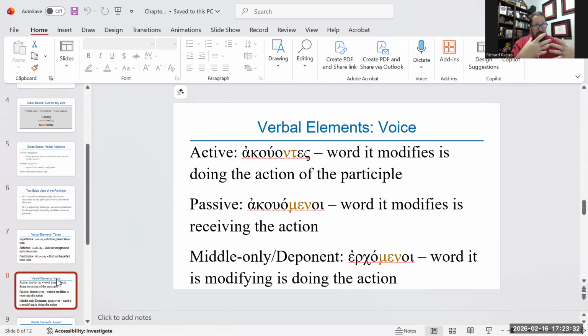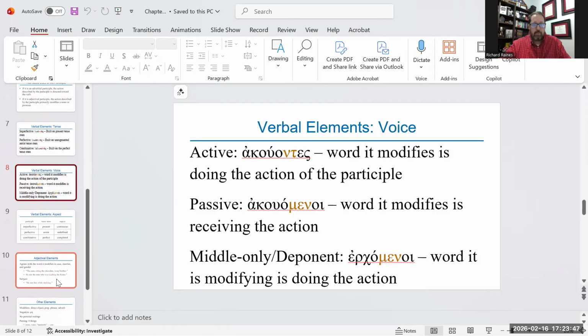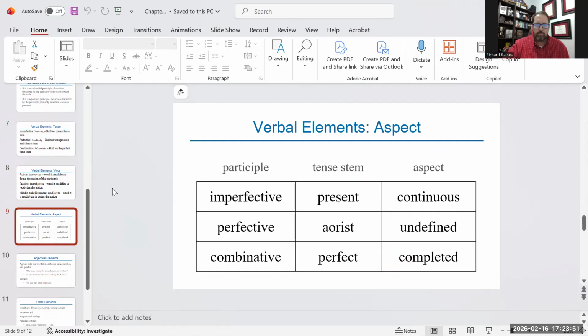So you receive a pass, about the best way I know to say it. And then the middle voice, the word it modifies is doing the action, so similar to the active voice. And again, we'll go through all this when we go through the different tenses and voices. So you're going to have really three different general categories of participle: imperfective, perfective, and combinative.